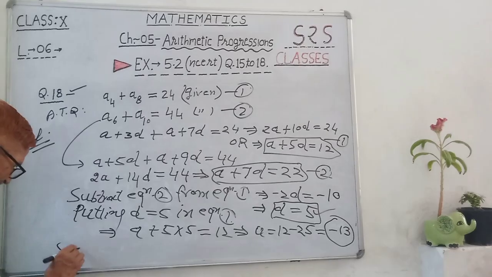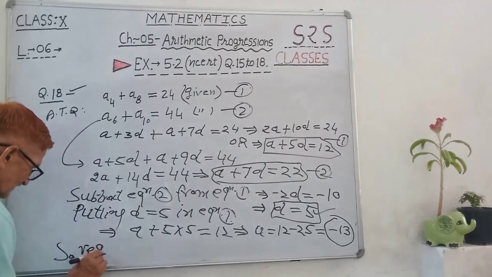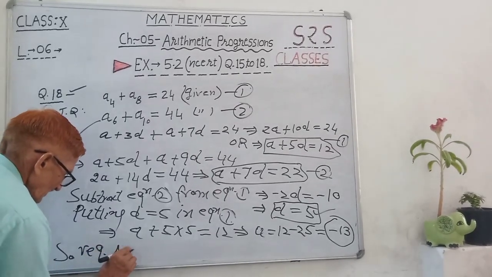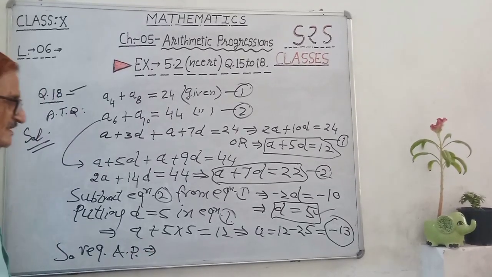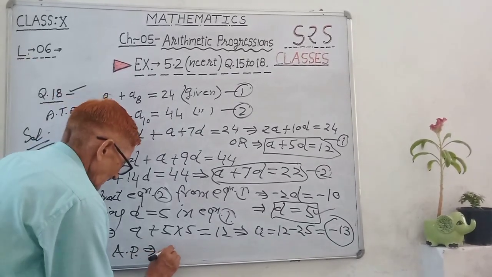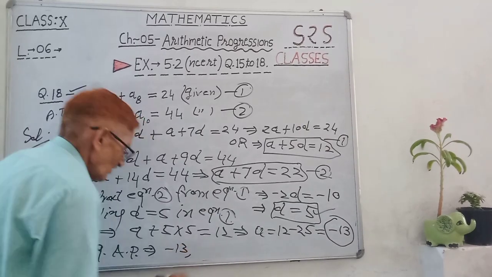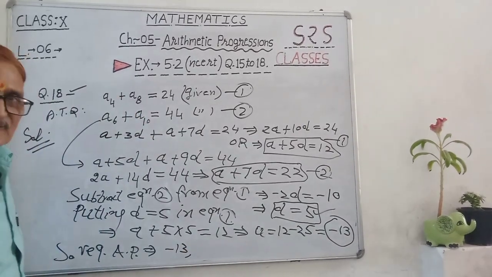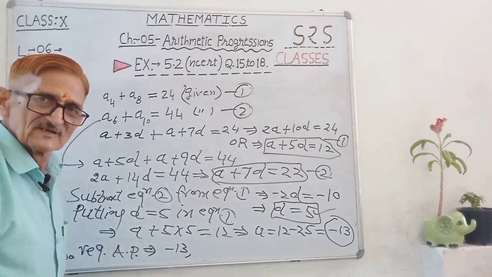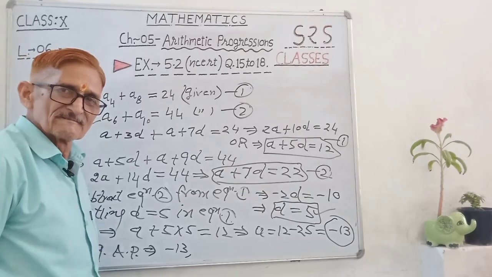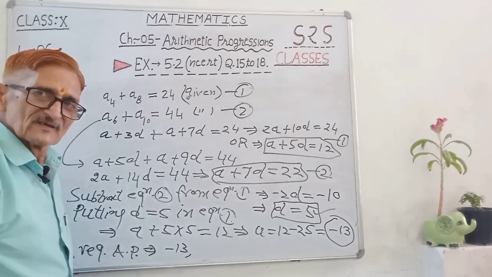So the required AP: first term A is minus 13, D is plus 5, so A plus D is minus 13 plus 5, which is minus 8.